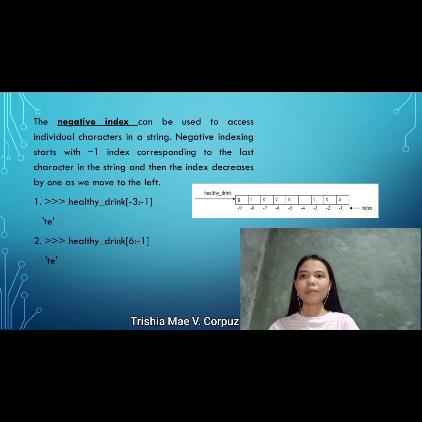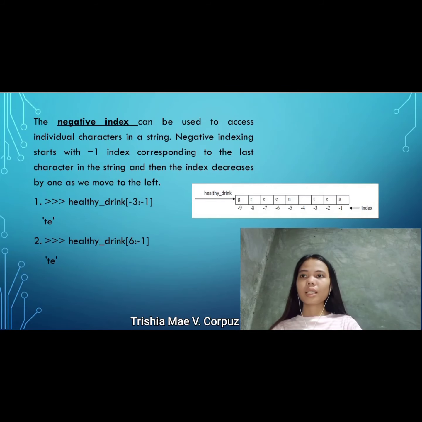Dito naman sa negative indexing, hindi siya kagaya ng positive indexing na pag nag-assign ka ng start index at end index, kukuhanin niya yung value mula doon o yung character mula dun sa start index hanggang sa end index. Dito, individual character lang ang i-display niya. Kung ano yung inassign mo, yun lang ang character na kukunin niya.